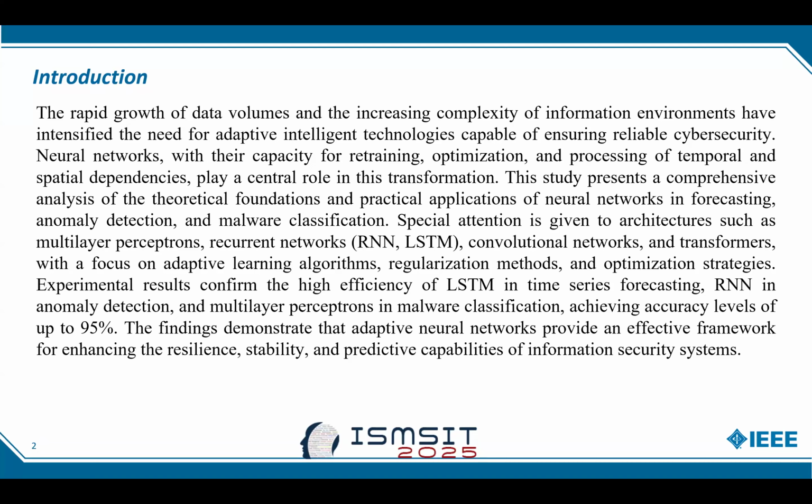Experimental results demonstrate high efficiency, achieving accuracy levels up to 95%, confirming that adaptive neural networks provide a robust framework for information security systems.